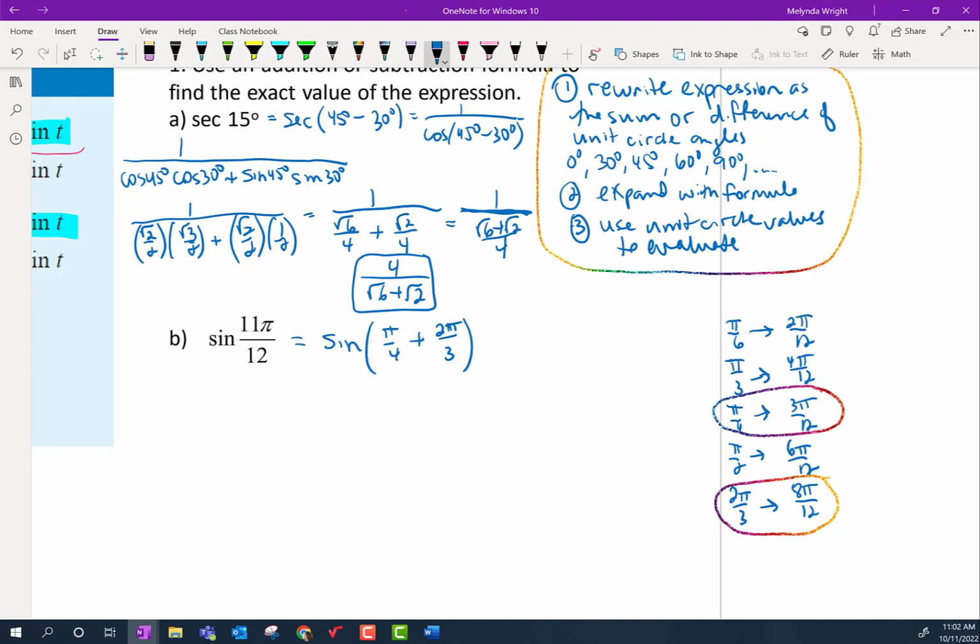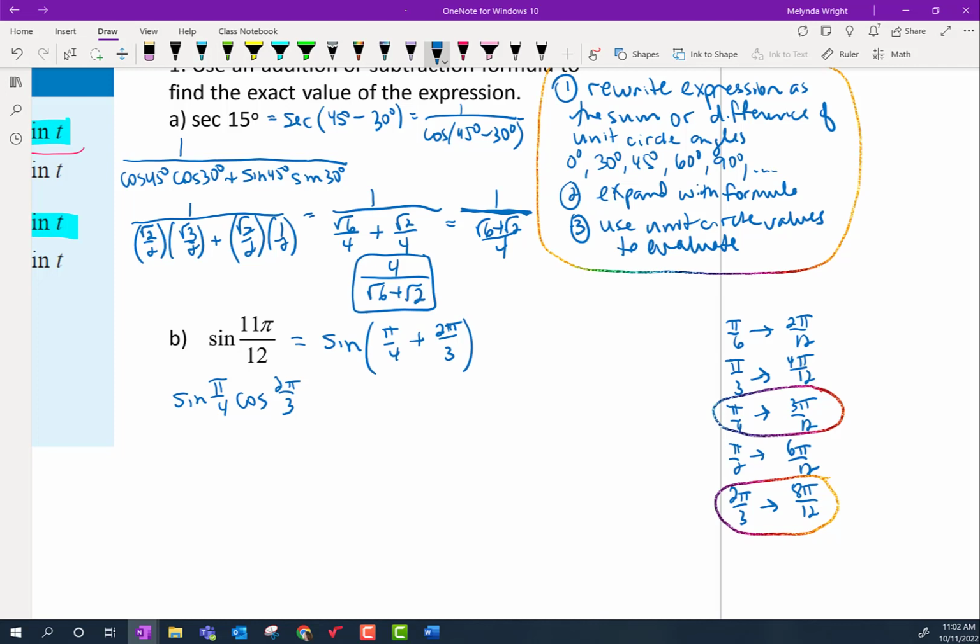Okay, great. So step 2, we want to expand it with the formula. Now this is sine. Remember, sine is the nice one. Sine shares. So it's going to be sine of pi over 4, and then sine is going to share. Cosine gets to come in. Cosine of 2 pi over 3. Now we asked sine to add.